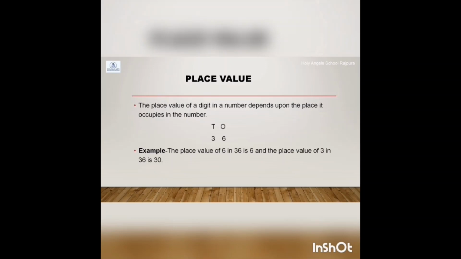In 36, 6 is in the ones place and 3 is in the tens place. So for example, the place value of 6 in 36 is 6. Why? Because 6 is in the ones place. And the place value of 3 in 36 is 30 because 3 is in the tens place.